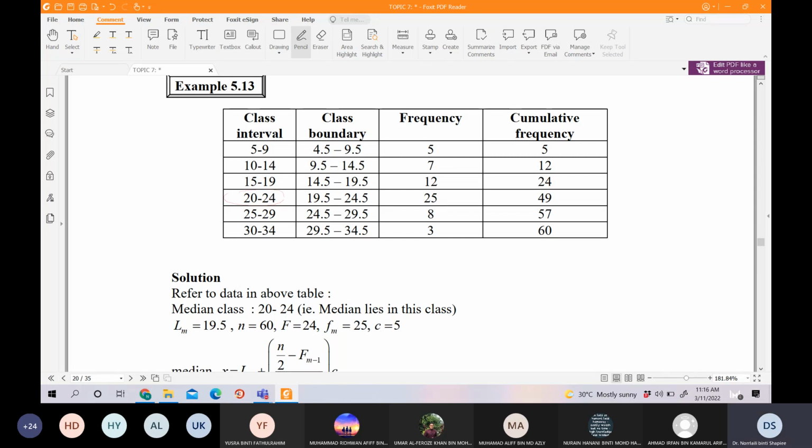Frekuensi paling tinggi. Okay, frekuensi paling tinggi adalah berapa? 25. So you said that frekuensi paling tinggi adalah 25. How do you know that frekuensi paling tinggi dikira sebagai median class? Sebelum ni kita belajar median class macam mana?